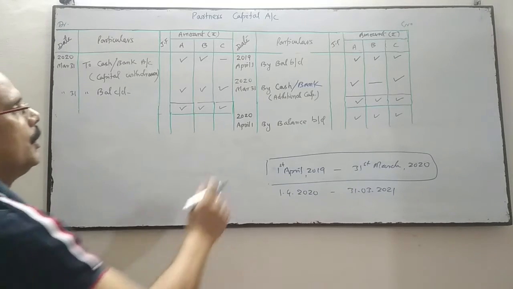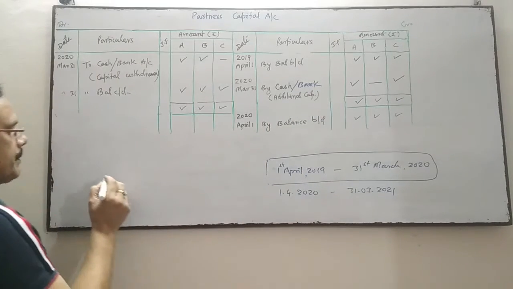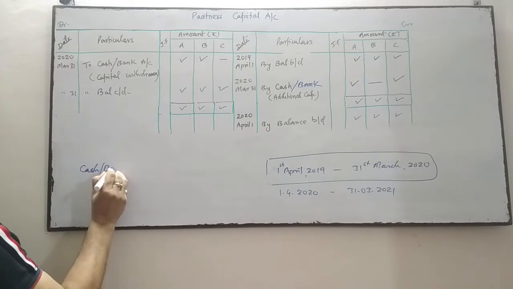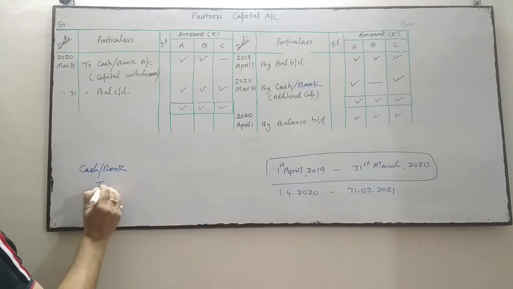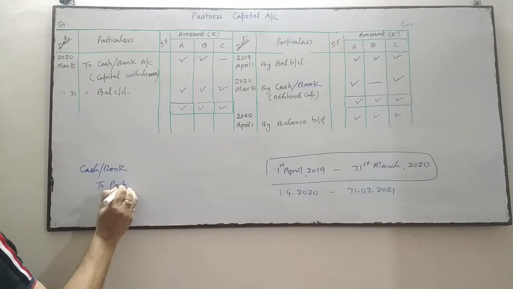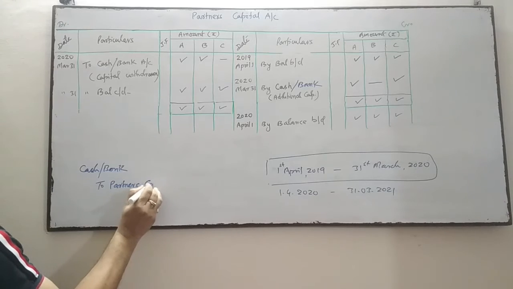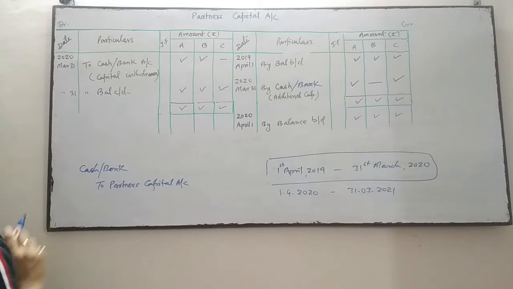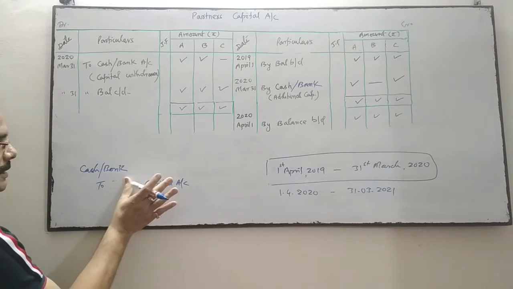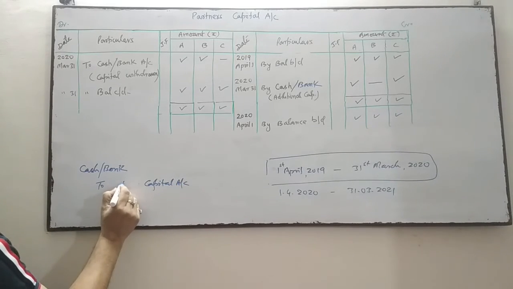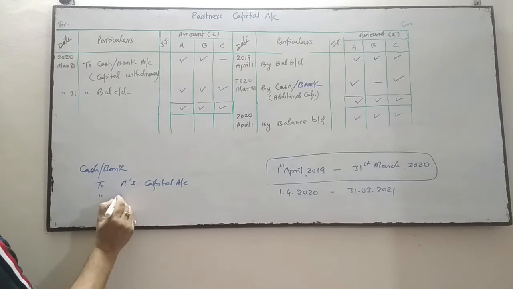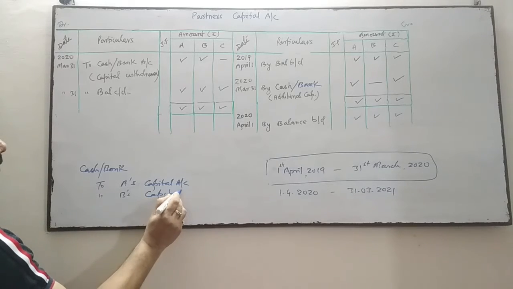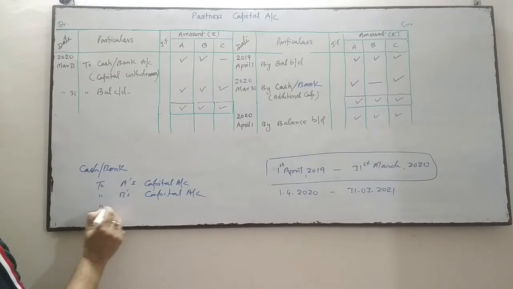When the partner has given additional capital, you know the entry: cash account debit or bank account debit to partners capital account. So A's capital account, B's capital account, and C's capital account.